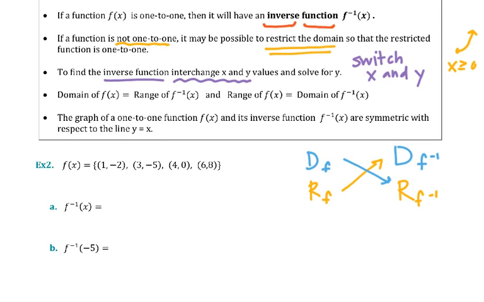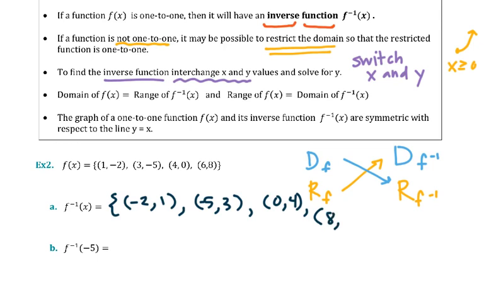And in order for us to do that, we're just going to interchange my x and y values. So this first ordered pair would become -2, 1. The second one is -5, 3. The next one we've got 0, 4. And my last ordered pair here is 8, 6.